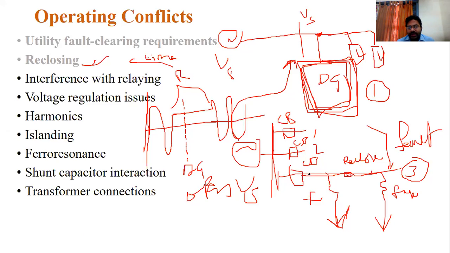Then only will the DG be able to protect itself from external faults occurring on this feeder.